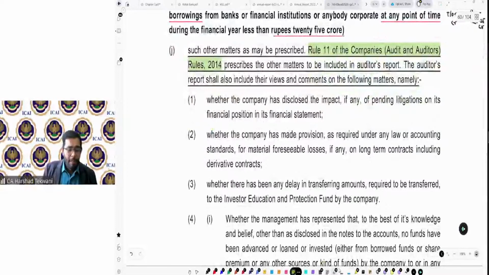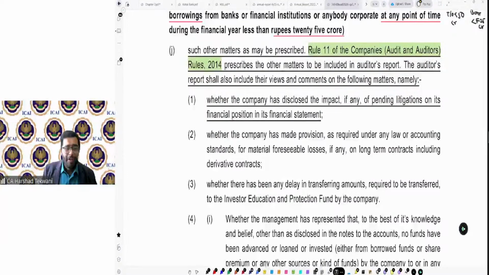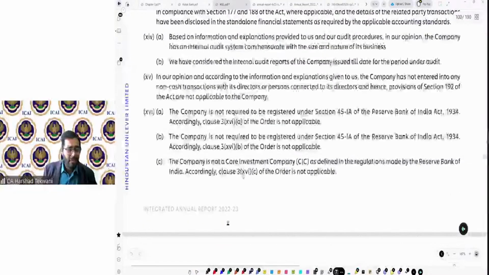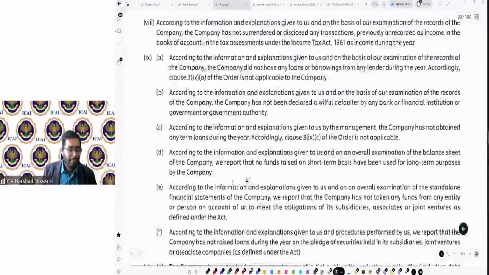They are whether the company has disclosed the impact, if any, of pending litigations on its financial position in the financial statement. So, the impact of pending litigations. I'll show you one example.